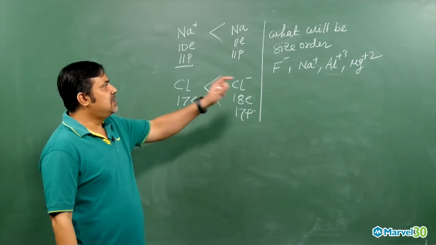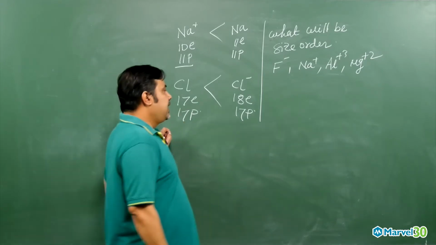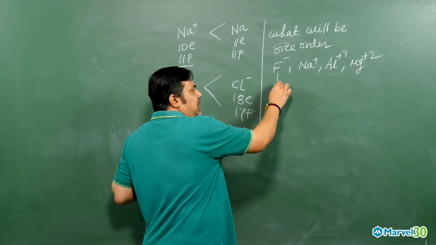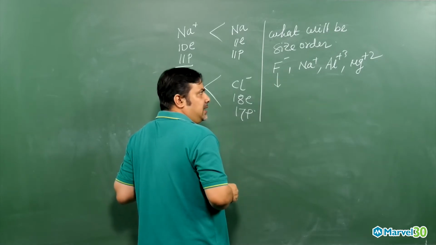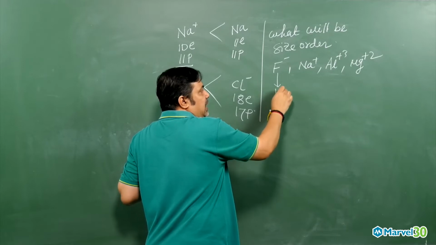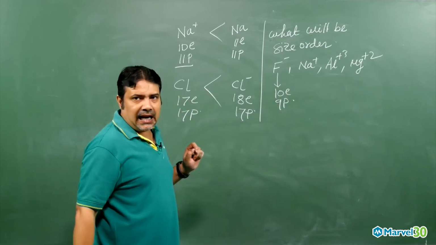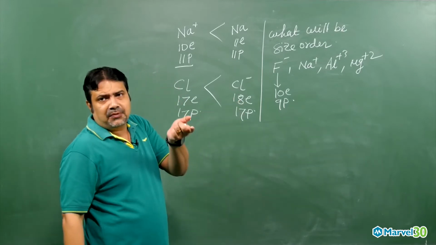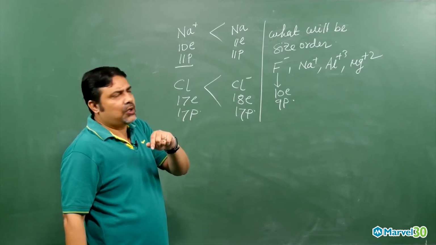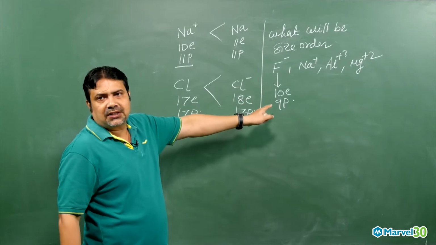When you address this type of question, how will you do it? Write down: fluorine's atomic number is 9. Minus means one extra electron is there, so 10 electrons are attracted by 9 protons. The atomic number signifies that many electrons and that many protons, and a minus charge means one extra electron is there.